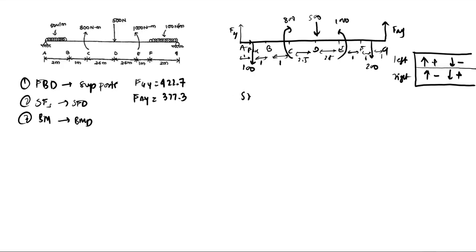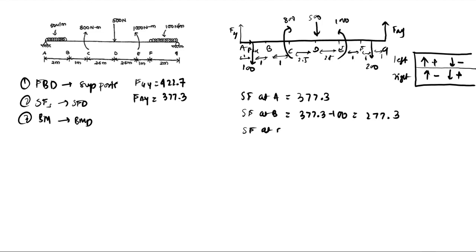So let us calculate shear force at A. Shear force at A will become the reaction at A, which is FAY, which is 377.3. And let us calculate shear force at B. We have 377.3 minus the UDL load, which is 100. So it becomes 277.3. We have shear force at C same as shear force at B because there is no force in between.